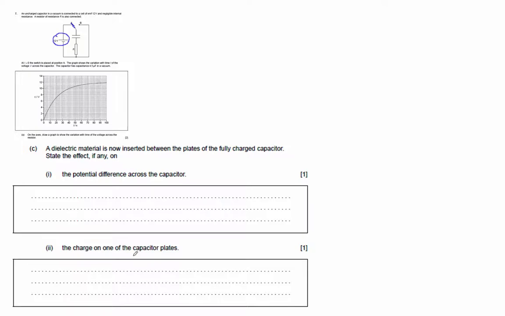The charge on one of the capacitor plates is going to increase. The reason for this is that the capacitance is the permittivity times the area over the distance separating the plates. Now the distance doesn't change, the area doesn't change, but the permittivity is going to be bigger.